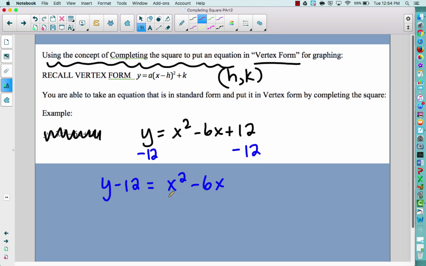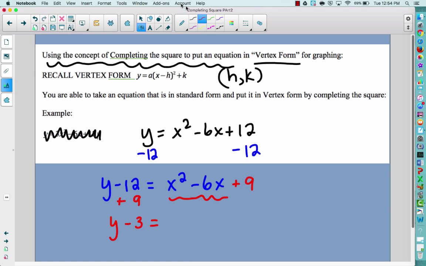Now we are going to complete the square over on this right side. So we take half of negative 6, which is negative 3, and we square it, which gives me positive 9. Okay. Now we're going to add 9 to both sides. Because we added it there, we have to add it on this side. So we get y minus 3 equals.